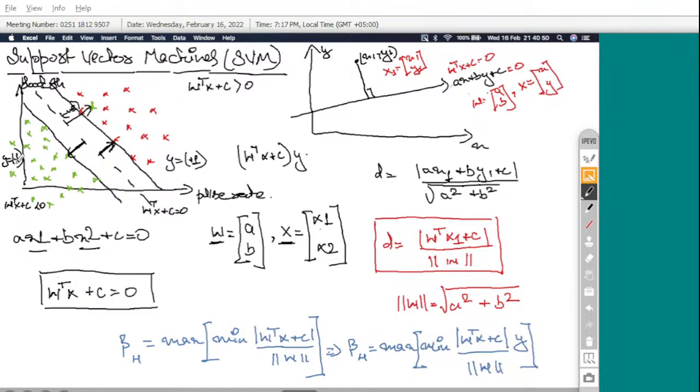The target variable is -1, so this distance will be negative, and that's because it's not on the right side of the hyperplane. If there is a green observation at this point, whose label is -1, that value is going to be negative, right?